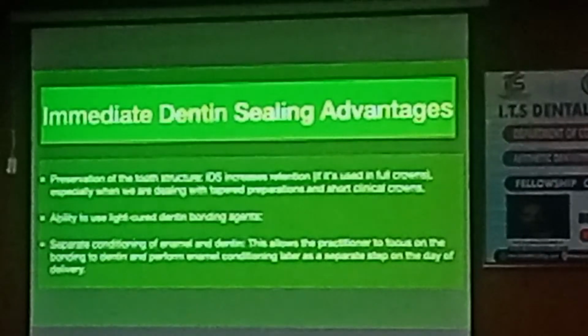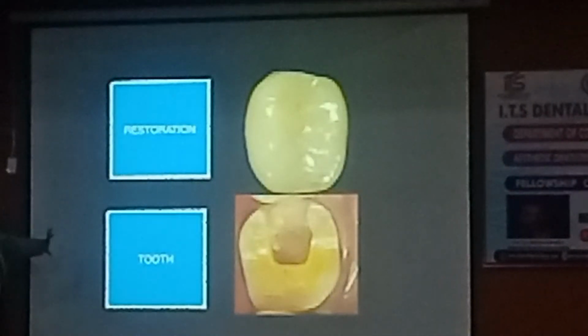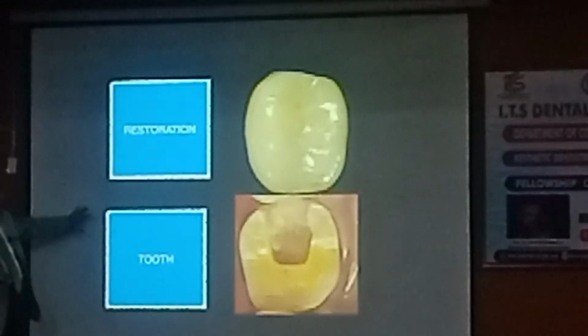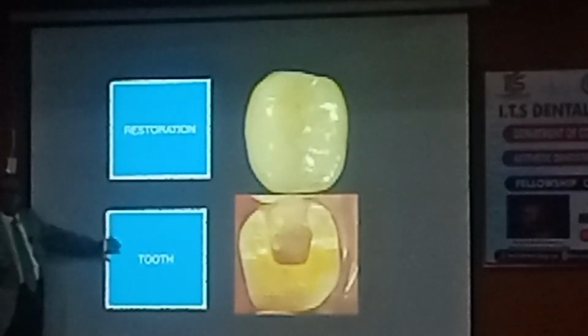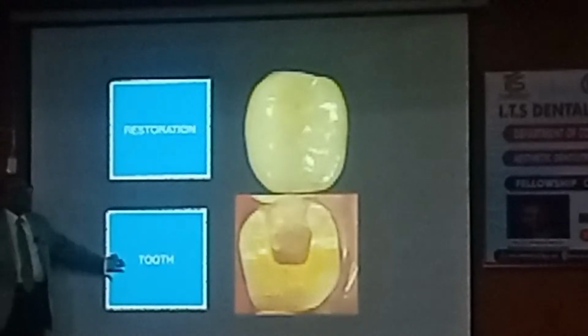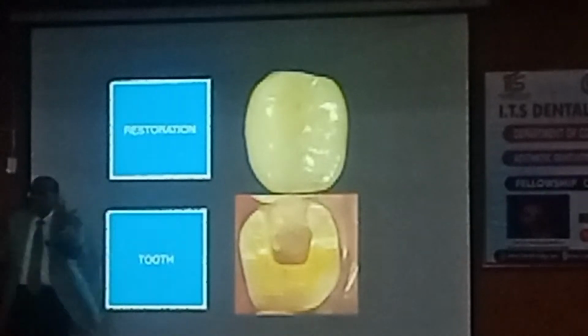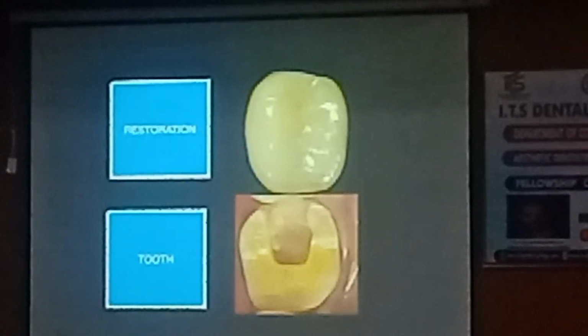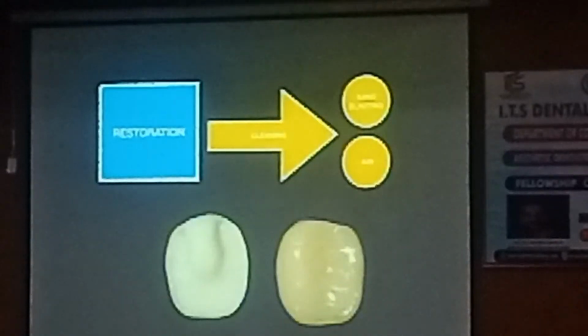These are two aspects: enamel bonding and dentine bonding, and then all of it has to stay together, right? So if you look at your restoration, you have your restoration surface and you have your tooth surface. You can prepare the restoration surface, the cementation side of the restoration, as well as the tooth surface.